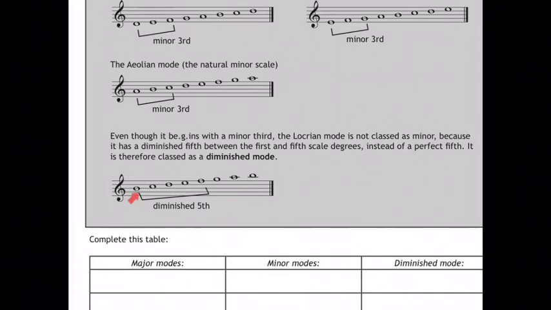This interval from B to F is a diminished fifth, which means the tonic triad is a diminished triad, B, D, F. It's very, very unstable. It's very awkward to hear on its own. There are very, very few songs written in the Locrian mode for that reason, because it's so unstable in and of itself.